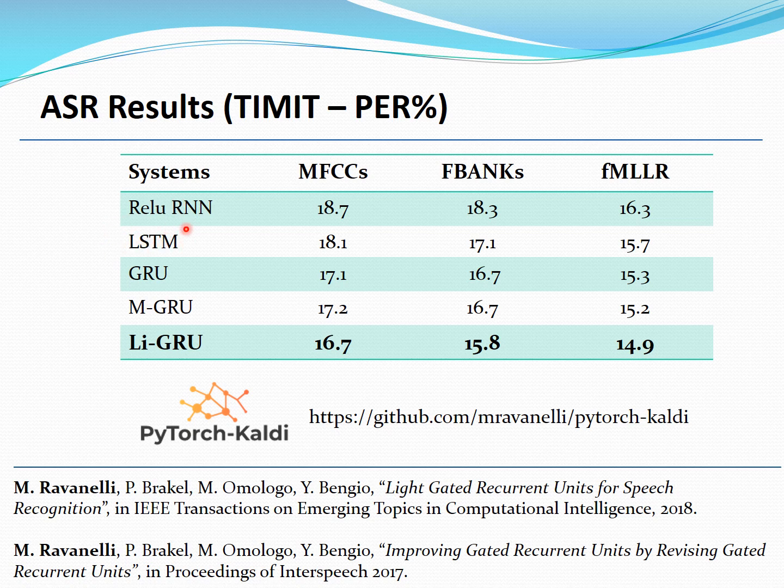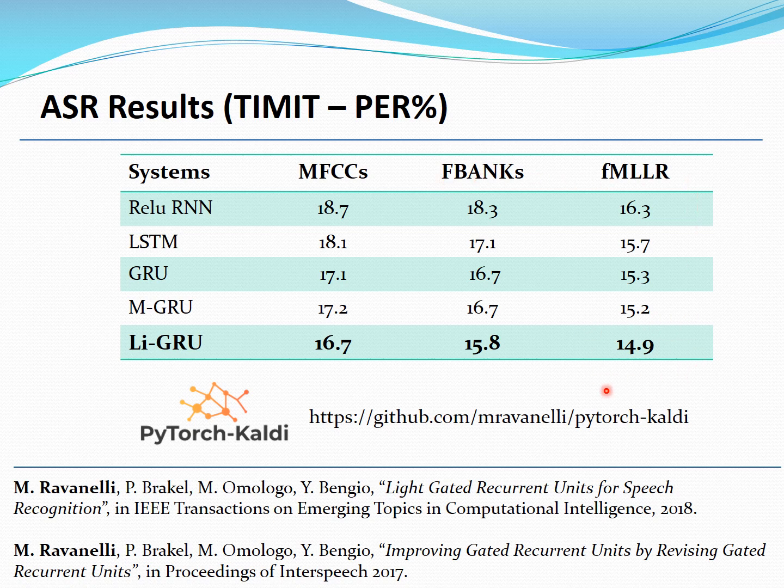Here is standard LSTM, standard GRU. Here is a model called minimal GRU, where we just remove the reset gate, but we don't use ReLU and batch normalization for the candidate state equation. And the last line is our light GRU model. And you can see that there is an improvement always in our model for all the features that we have tried.